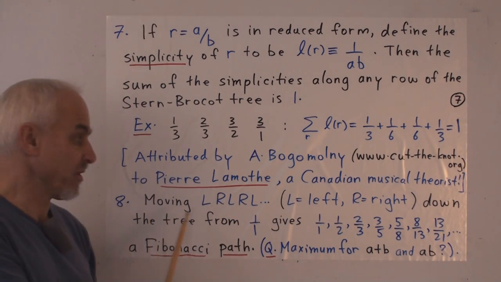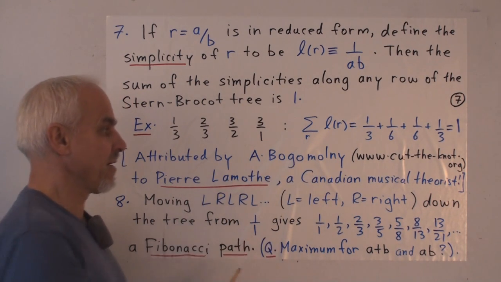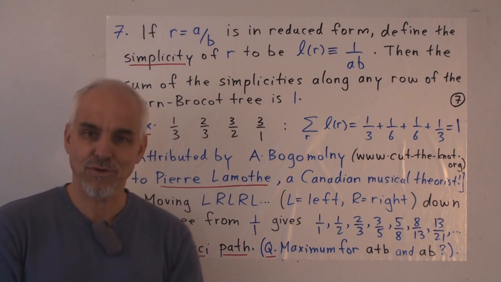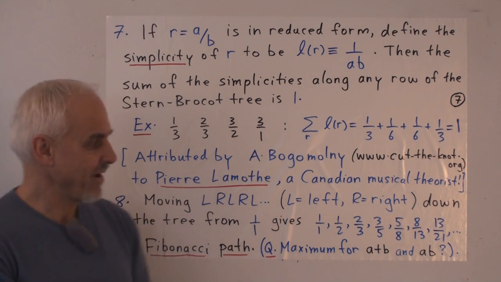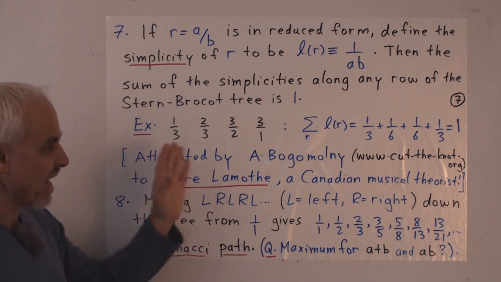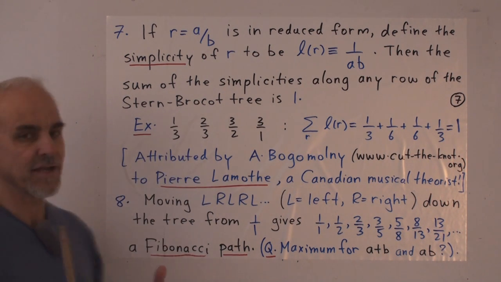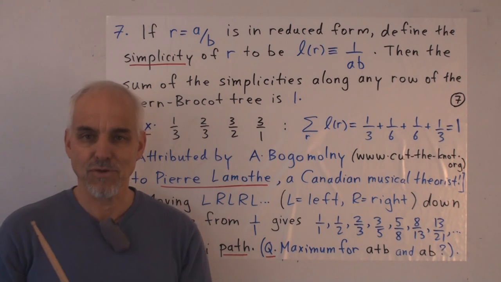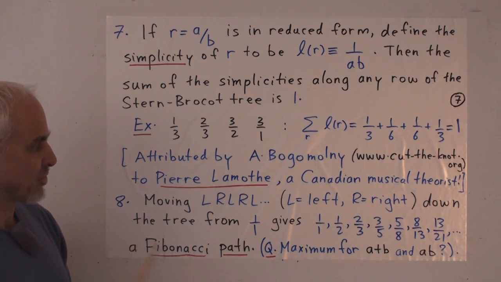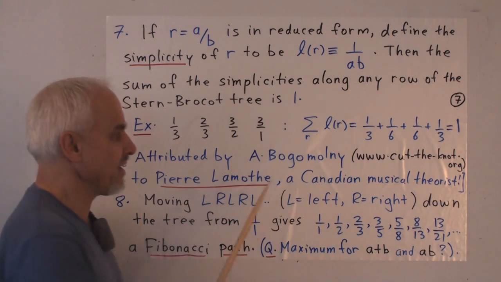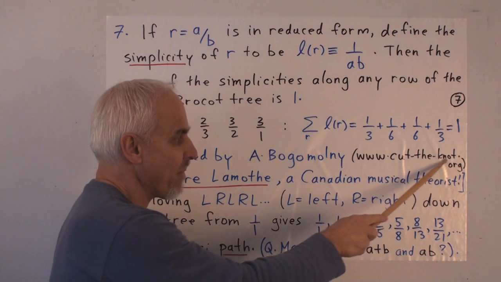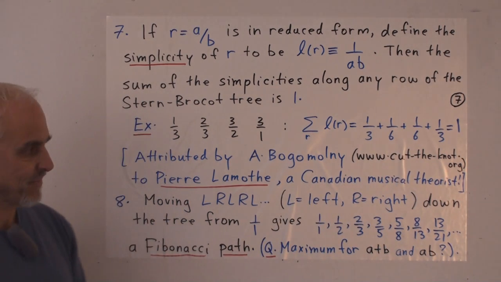This result has been attributed by Alex Bogomolny to Pierre Lamothe, a Canadian musical theorist. I think this is lovely. I think Pierre discovered this in the context of some investigations with music theory. And I should say that Alex Bogomolny is rather famous for his wonderful website called Cut the Knot.